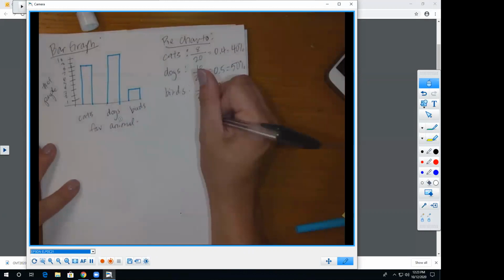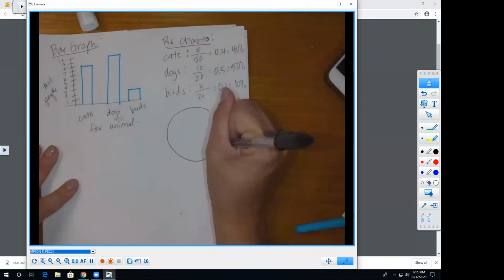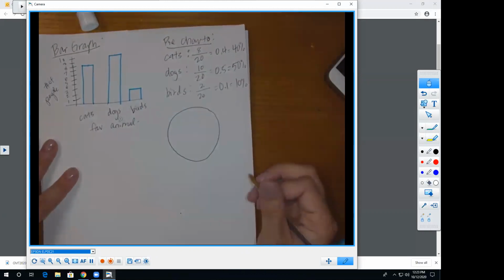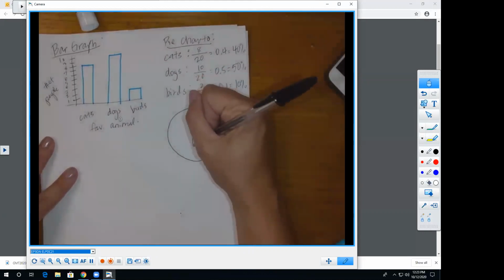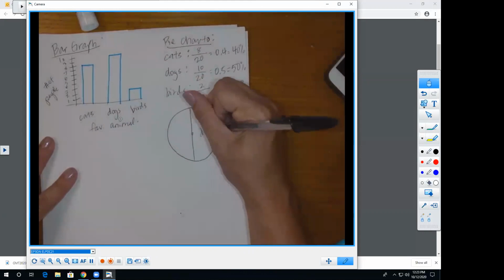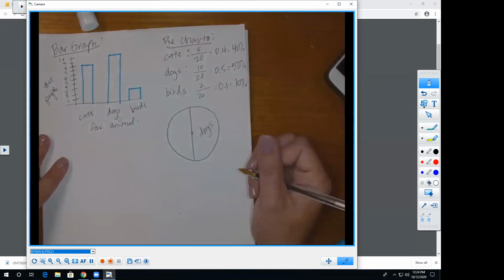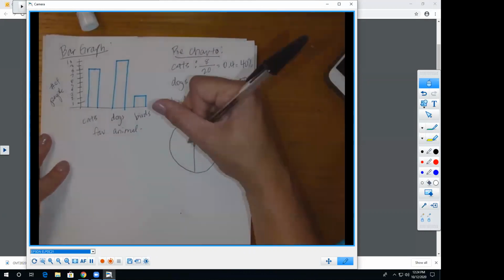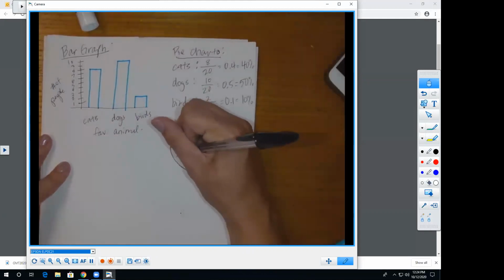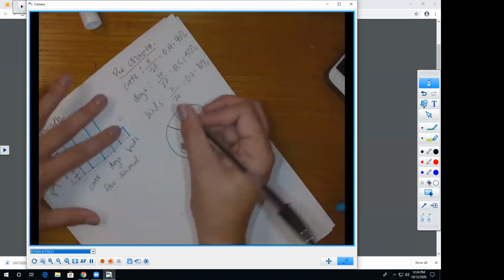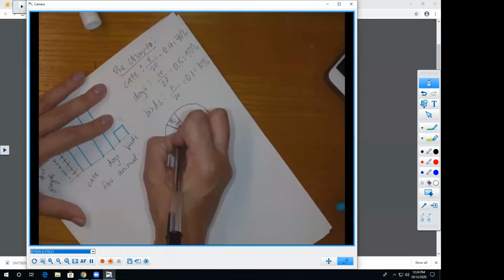And so when you go to draw your pie chart, you're drawing a circle. 50% is dogs, so split it in half, and that section is dogs. 40% would be the majority of the other section, it's cats, and then the small section would be birds.